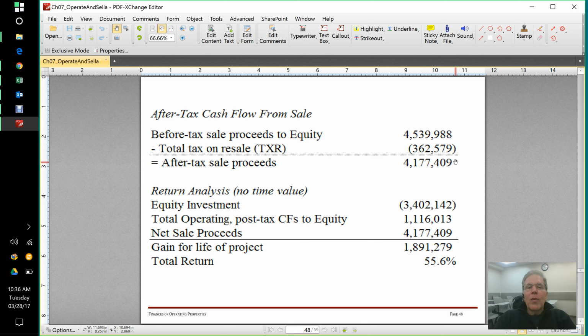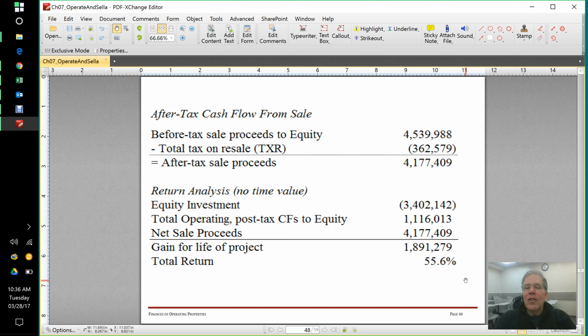Okay, so we've got their before tax proceeds to equity here, $4.5 million. That's after paying the broker and after paying the mortgage balance. So we also have to subtract the tax on resale. So the after-tax sale proceeds to equity are going to be $4.2 million approximately.